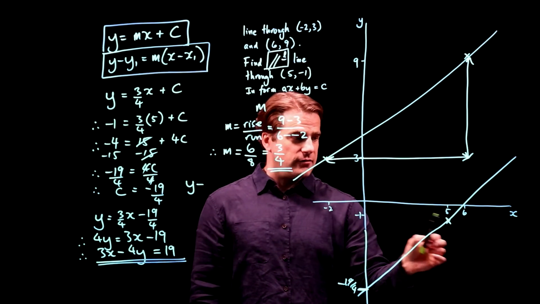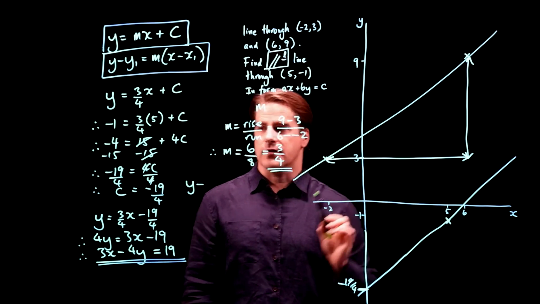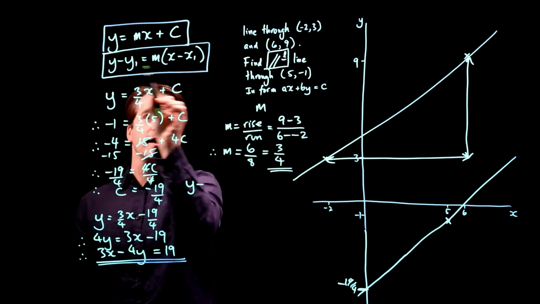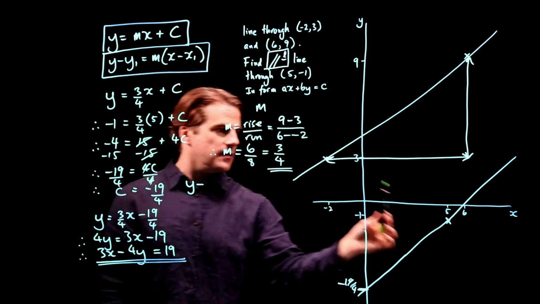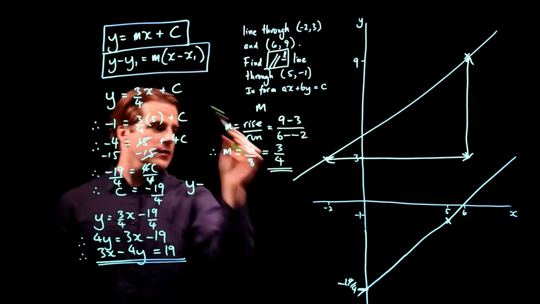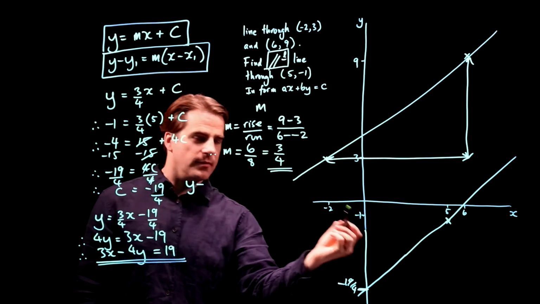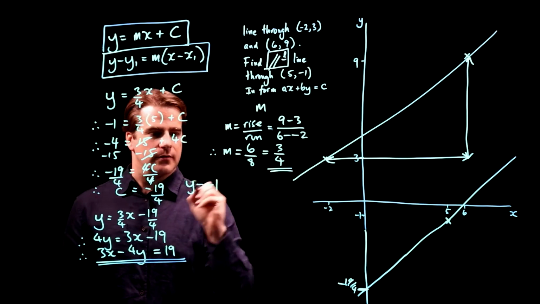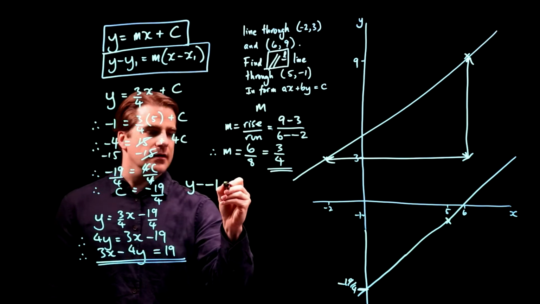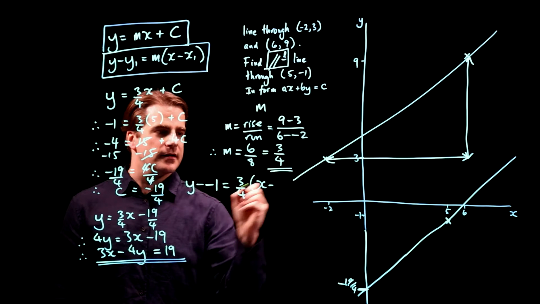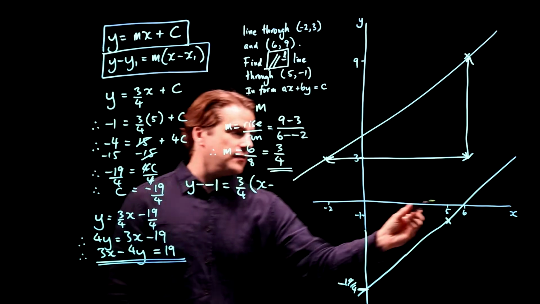Again, 5, -1. We know for sure that that point is on the line. So x1 is 5 and y1 is -1. So y minus -1 is m, x minus 5.